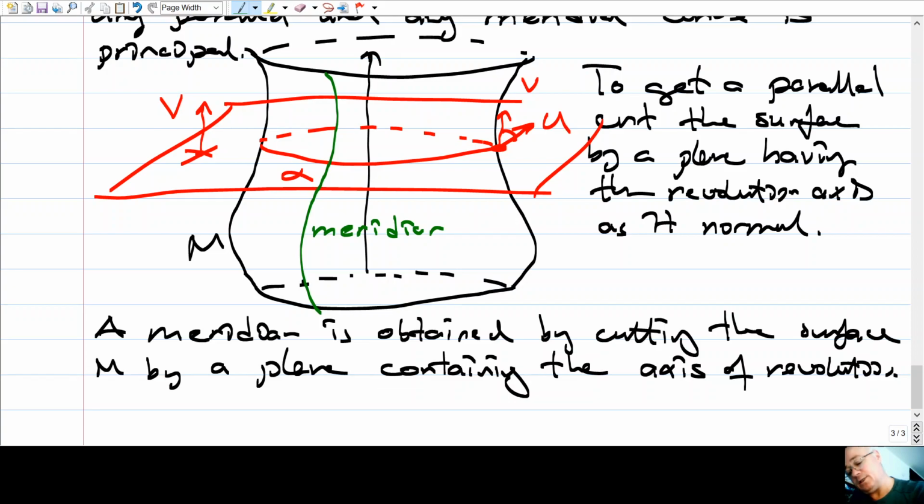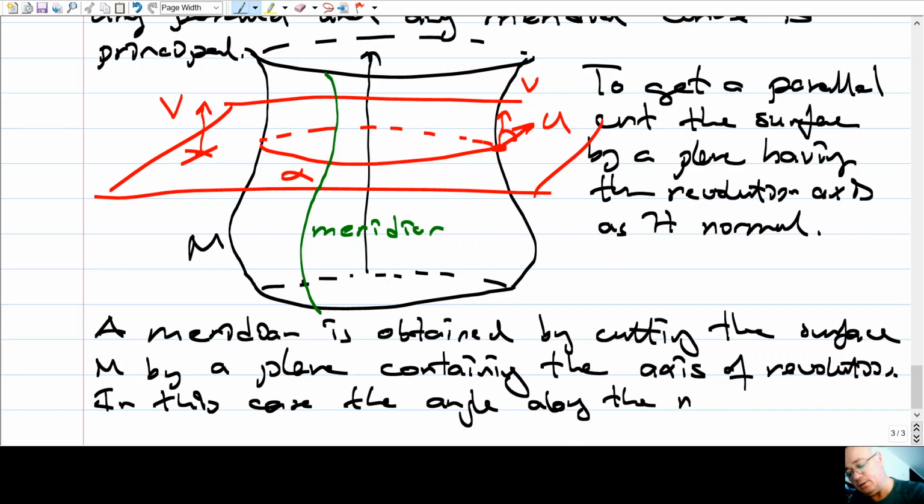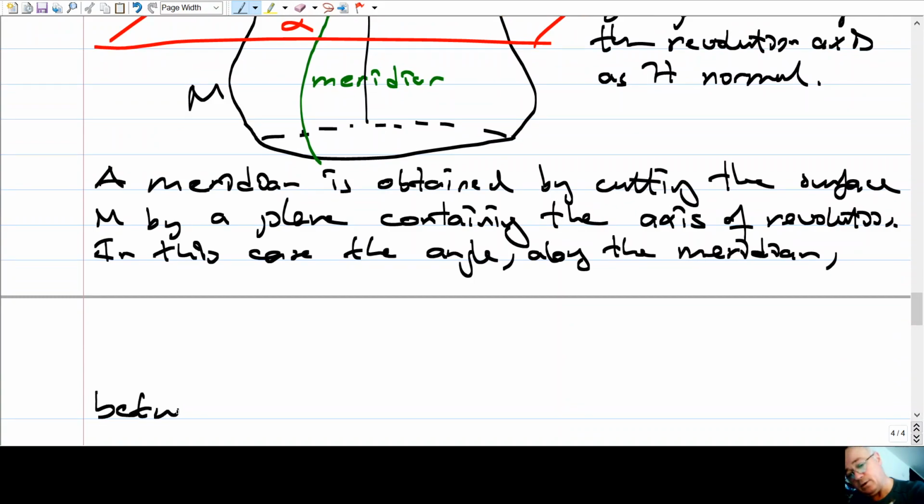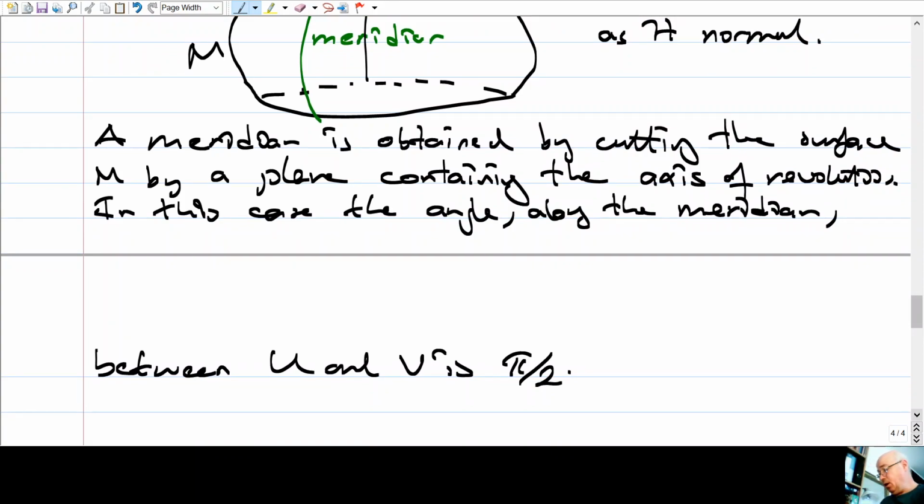Therefore, it will be 90 degrees. So in this case, the angle along the meridian between u and v is pi over 2. It's always pi over 2.